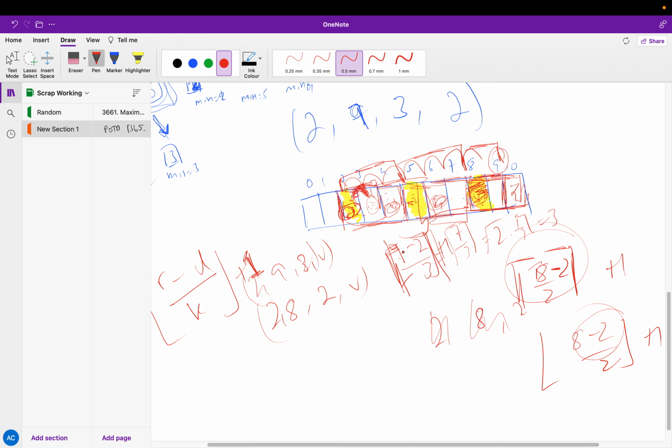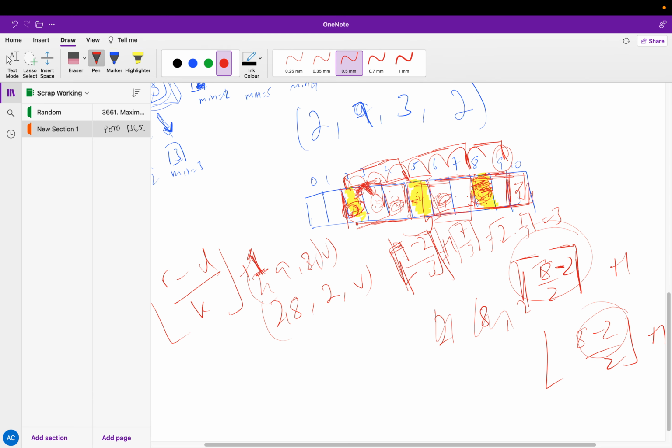And same vibes with 9 minus 2 gives 7, divided by 2 gives 3, and I should get 3. Yeah, okay. Pretty sure that's the formula.